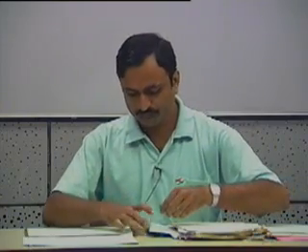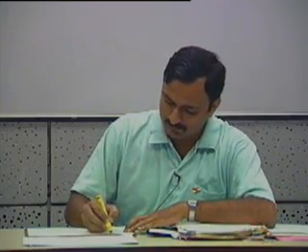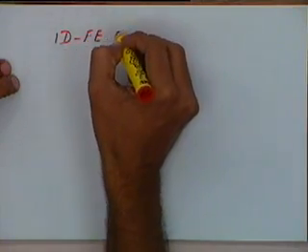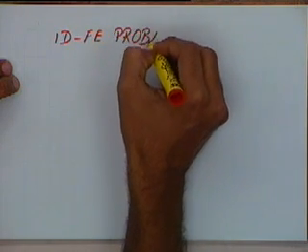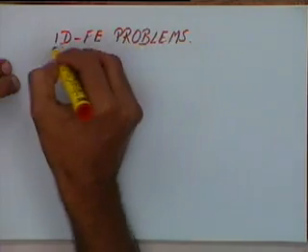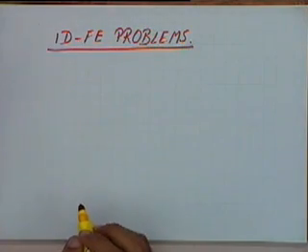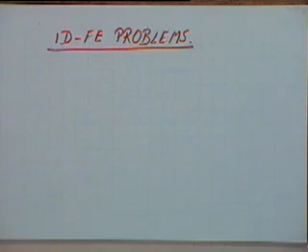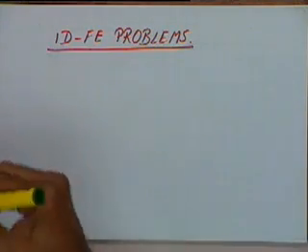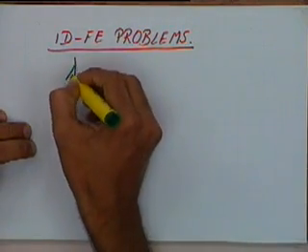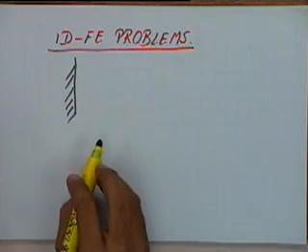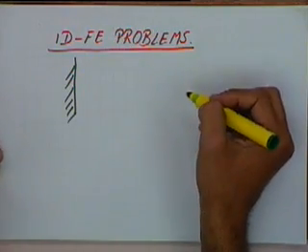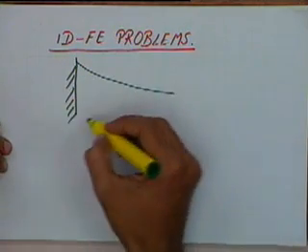Okay. So for a simple one dimensional problem, when we are talking of one dimensional bodies, we will basically be talking of rods. So let us say we take a rod like this.